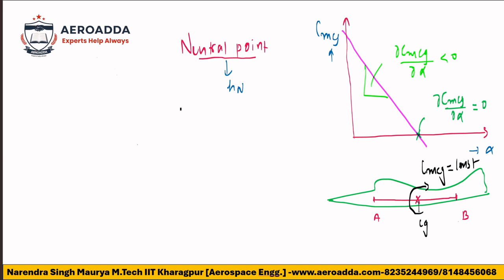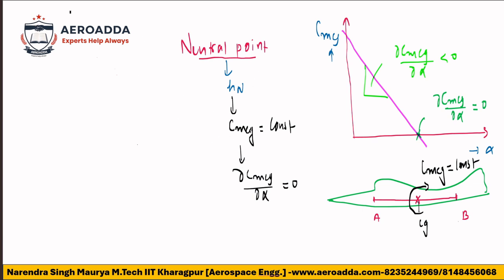So the neutral point is the point where the pitching moment coefficient about CG is constant. Please remember this, they are going to ask this mathematically in your exam. Or in another way, as with the graph I have shown you, ∂CMCG/∂alpha will be 0. Because if it is constant, then if you take the derivative, it must be 0.